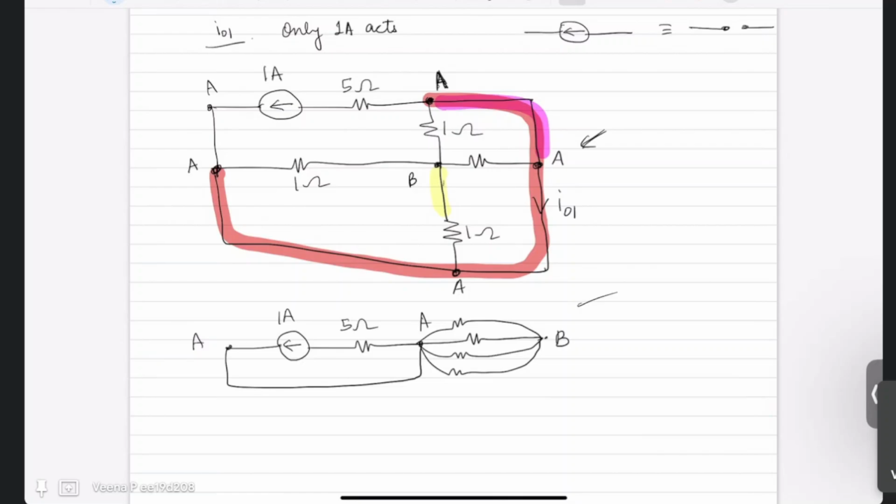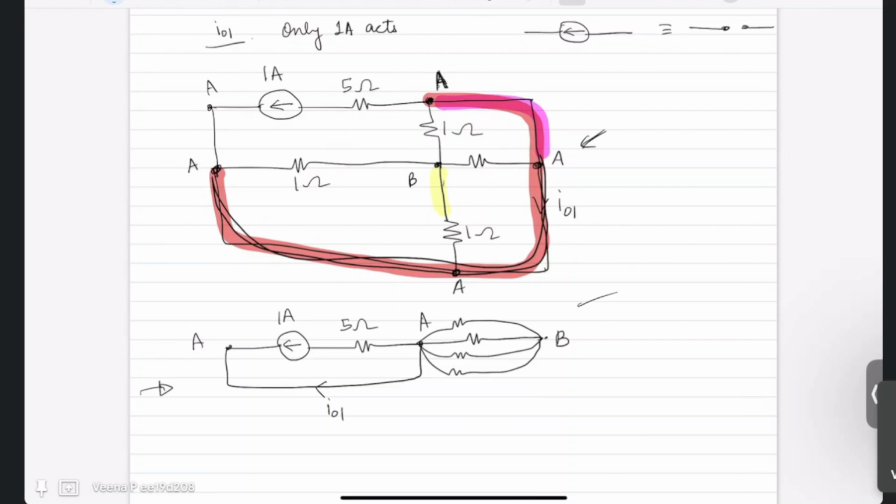So now where is your I01 in this circuit? You don't know. So one way of solving this is, you found that this is your 1 ampere. Now I01 is the current which flows through your node A. That means this is your I01. Now how did I decide the direction of I01?